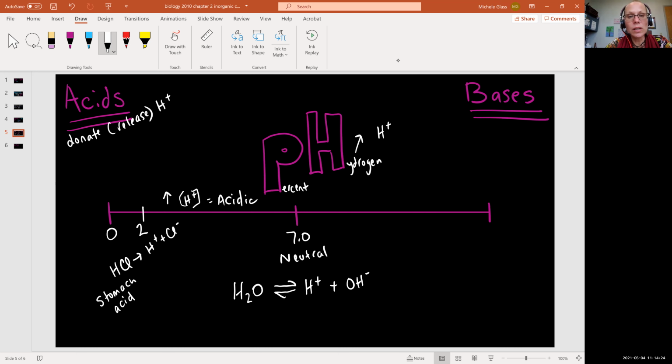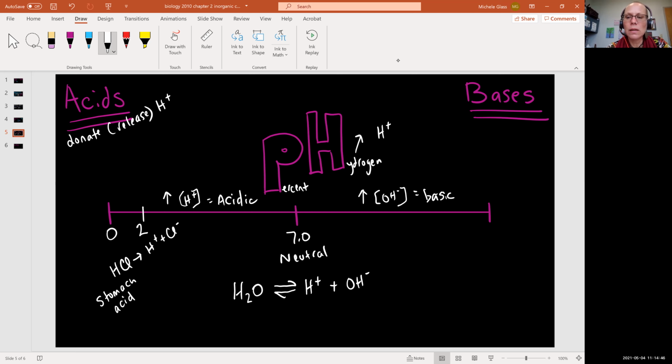If we push the reaction the other direction, so if instead of having a lot of hydrogen ion, we have a lot of what's called hydroxide ion, then we're going to talk about this solution as being basic, or some people like to use the term alkaline.